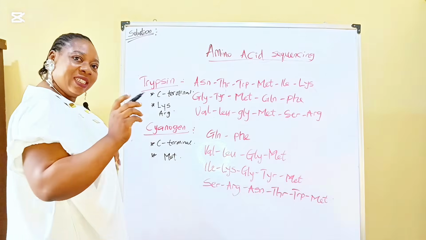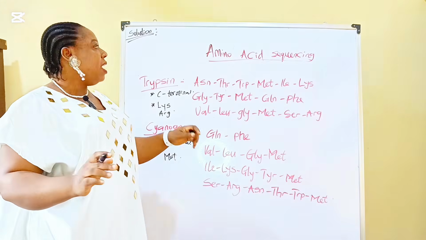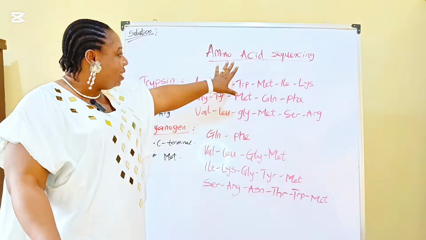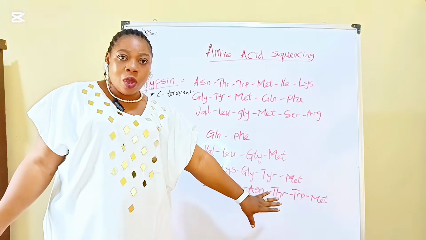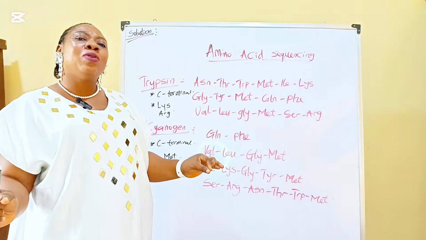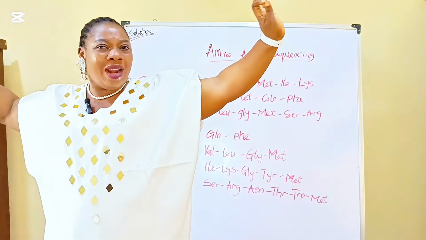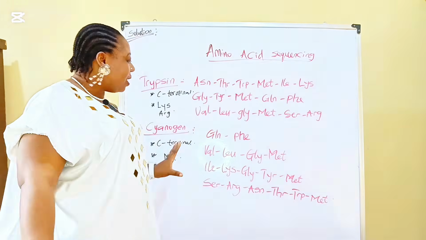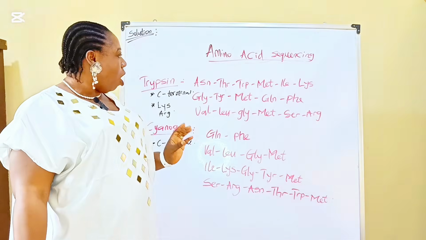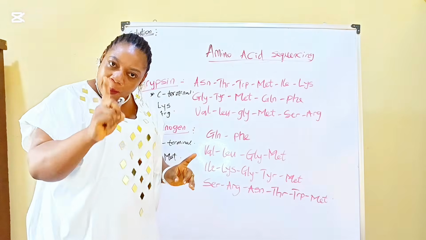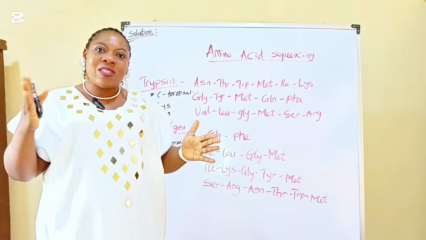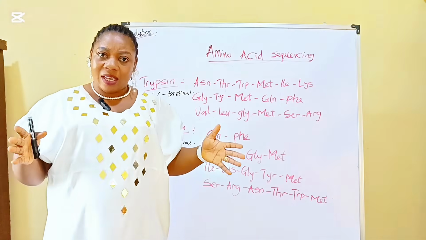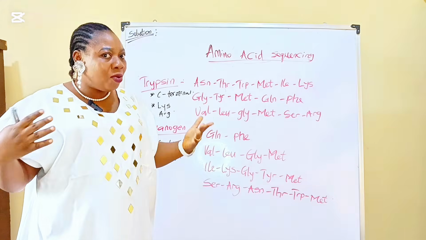So now with this idea, let's solve this question together. Also note that you are supposed to give just one single line of answer. Don't answer each one separately, because all these are just one sample. We just split the sample, treating one with trypsin and one with cyanogen bromide, for more accuracy.